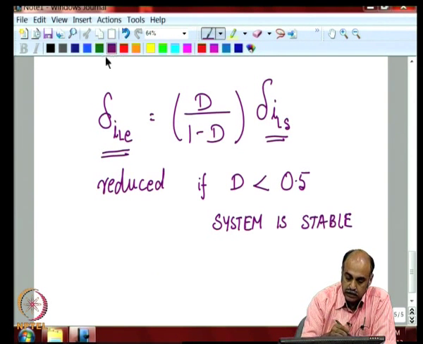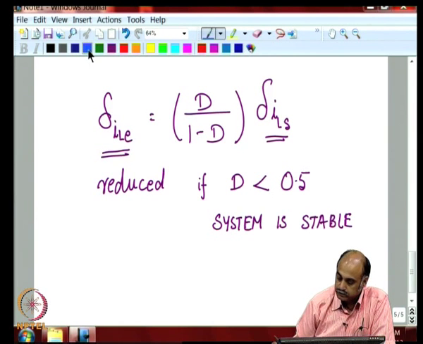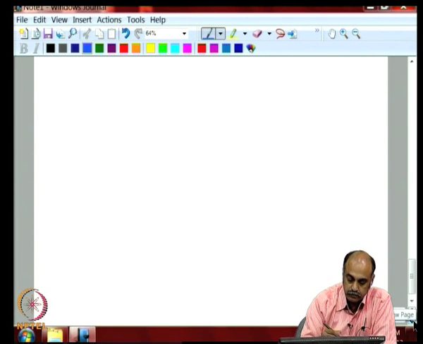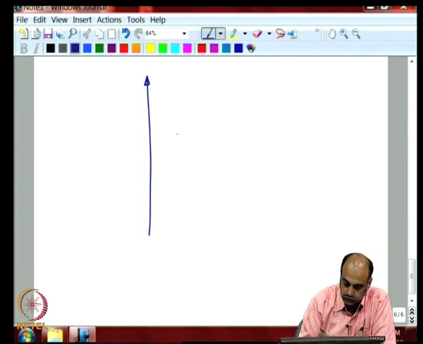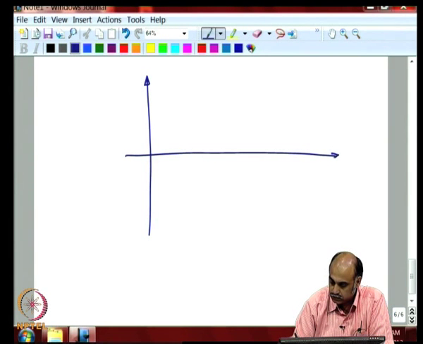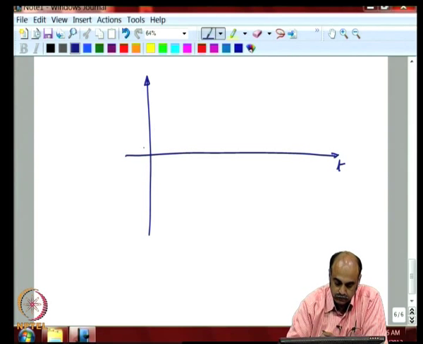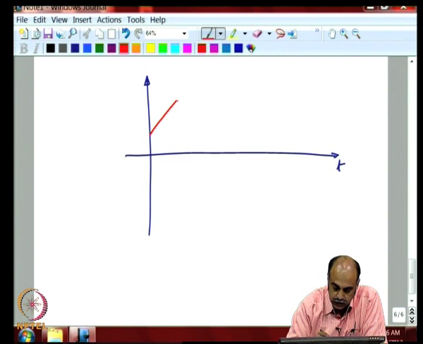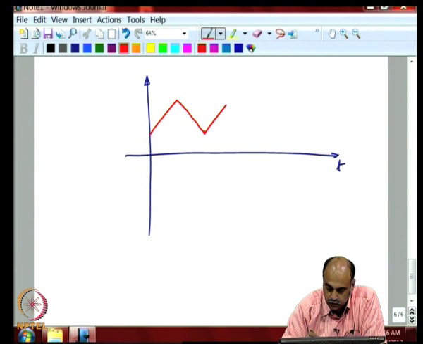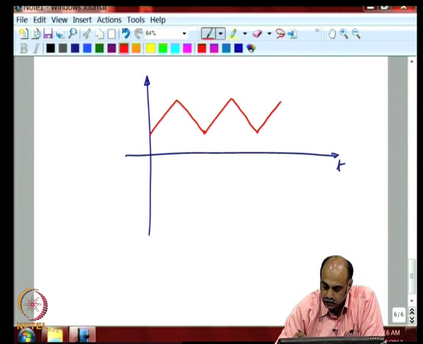So, if you take for example, the same problem of the inductor current. Let us say the inductor current, we will take a few more cycles to show, 2 cycles, that is 3 cycles.